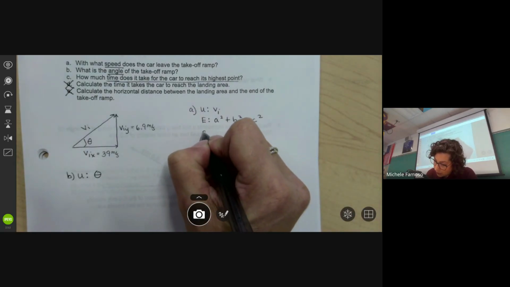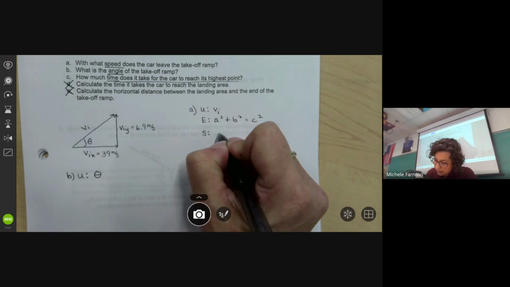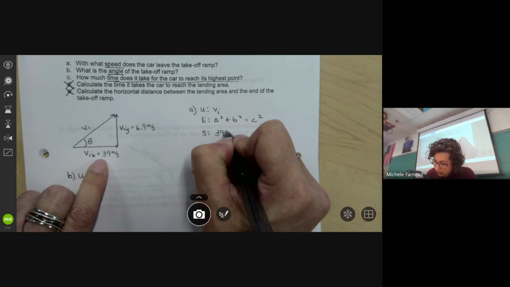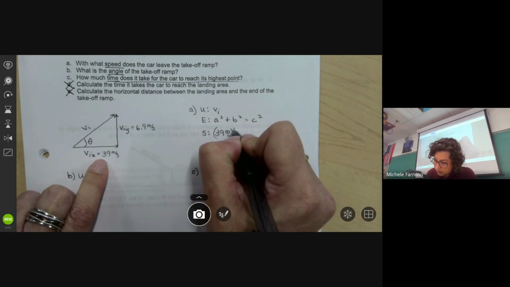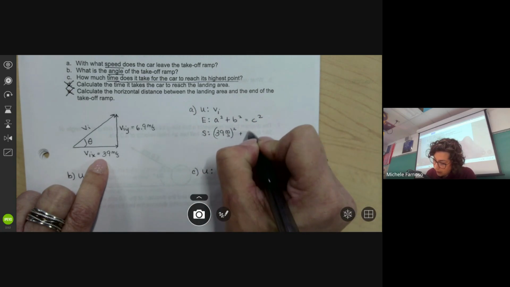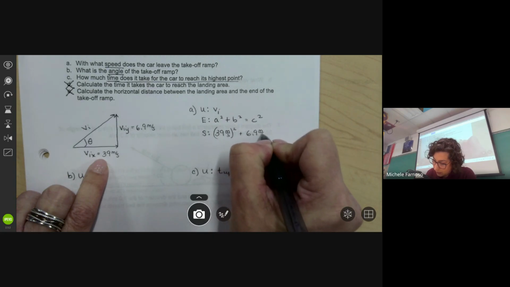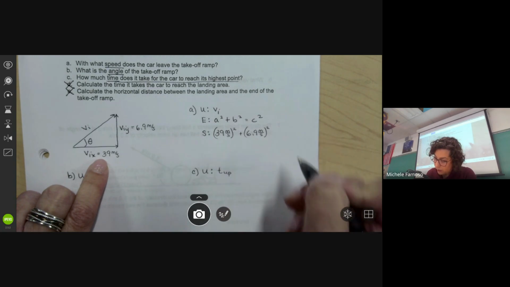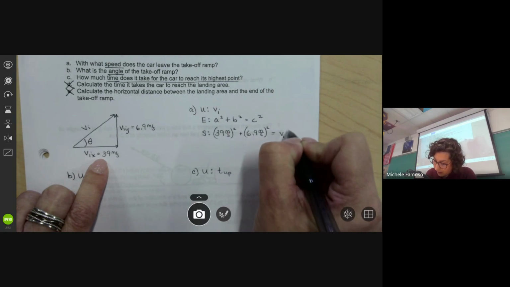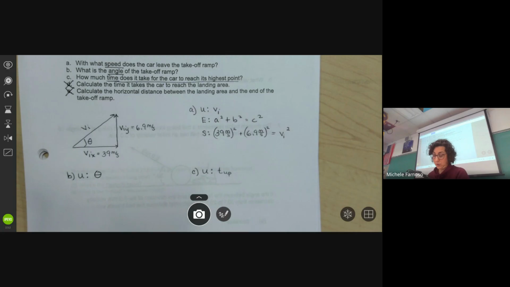That means when we do our substitution with units that we have 39 meters per second, which must get squared, plus 6.9 meters per second, which must get squared, to equal the VI that we're looking for, which is squared.